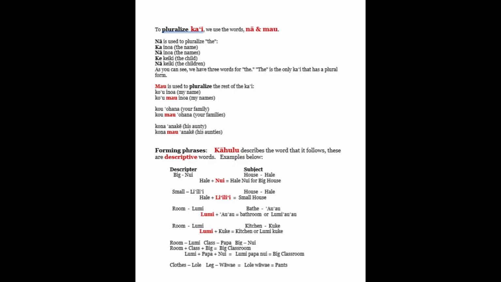So you will add hale plus nui, or hale nui for big house. Small is liʻi. House, hale. Hale liʻi for small house. And then you can continue going all the way down. So let's try clothes, which is lole, leg, wāwae. So lole wāwae would mean pants.